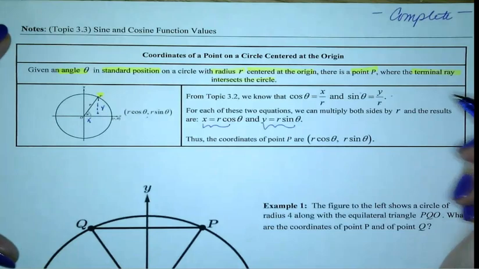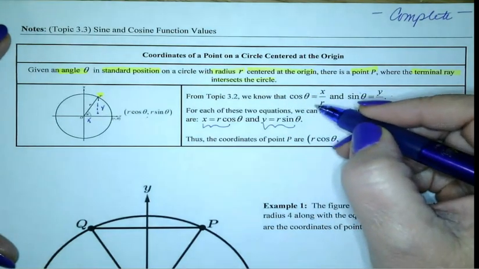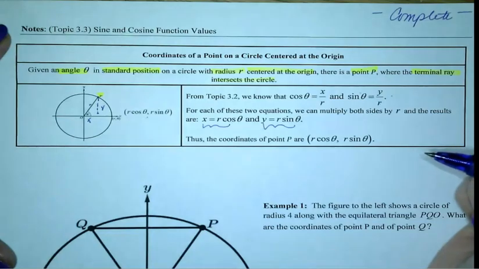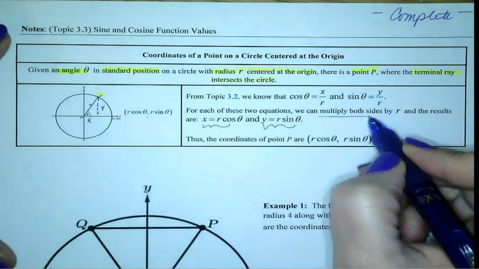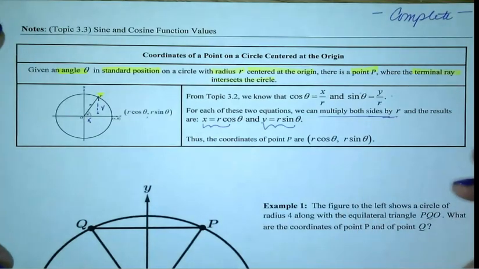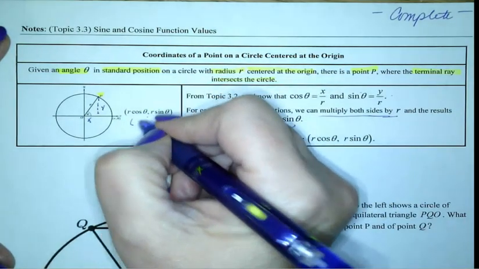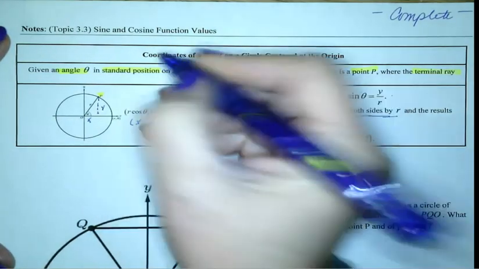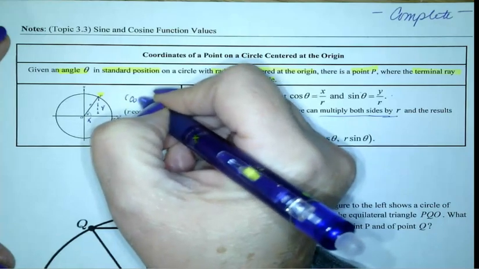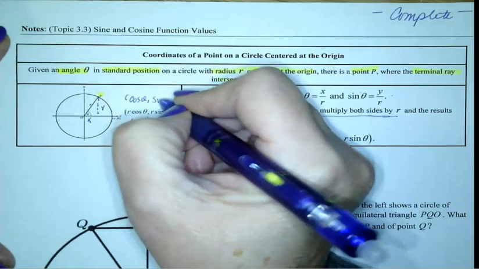So I can actually turn this ratio into an equation for x and an equation for y just by doing the basic math that we've been doing since Algebra 1, multiplying both sides by the denominator to get rid of the denominator and make them not be fractions. So we talked about how this coordinate when we first started was x and y, and then how it was going to be cosine and sine.